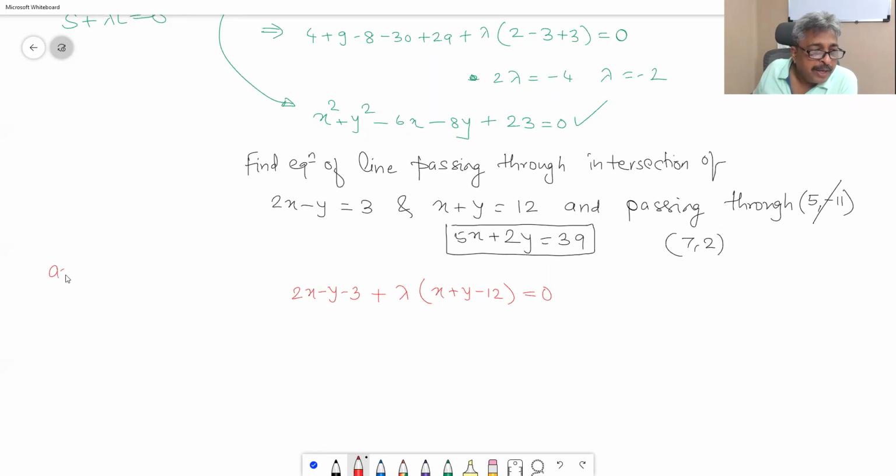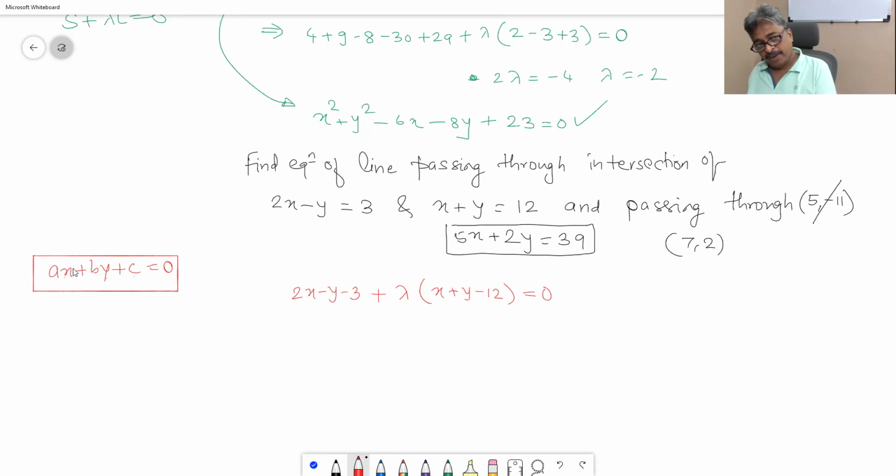Now, ax plus by plus c is equal to 0 is a straight line. All terms linear or constant. This is a straight line in this x-y plane.